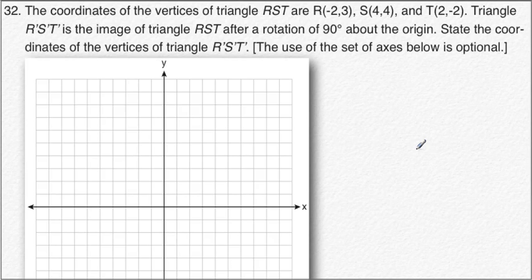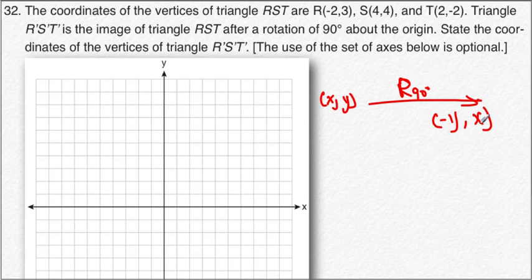Now, if I have x comma y, the rotation by 90 degrees about the origin would simply be negative y comma x, meaning switching x and y, and then negate the first one. That means we have R, which is negative 2 comma 3, will become R prime, negative 3 comma negative 2.